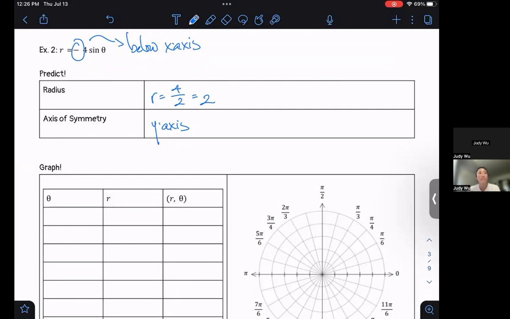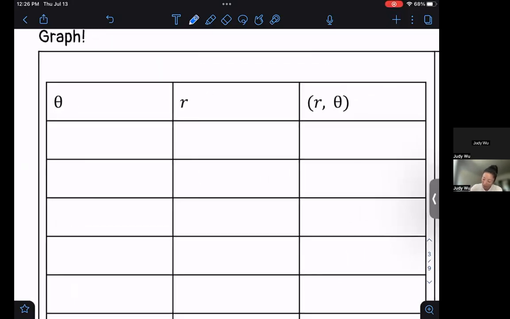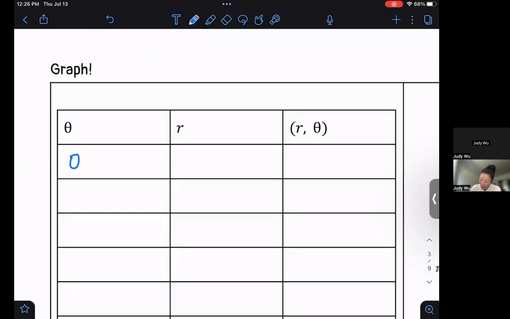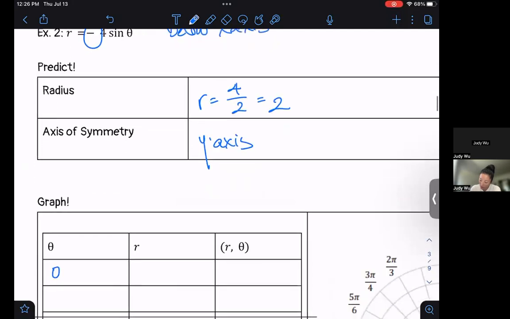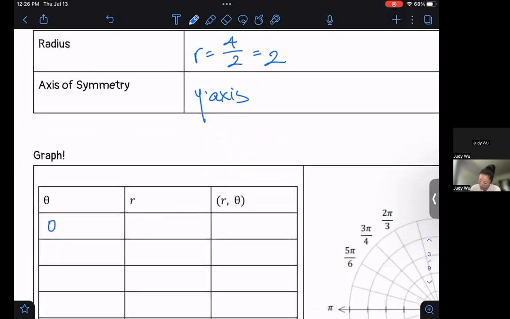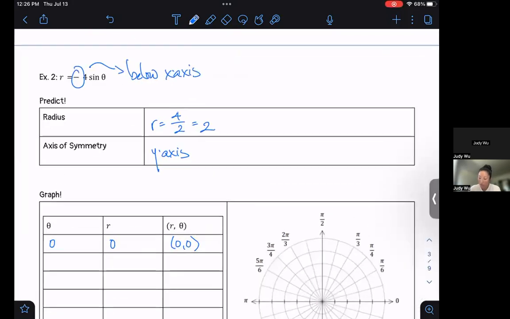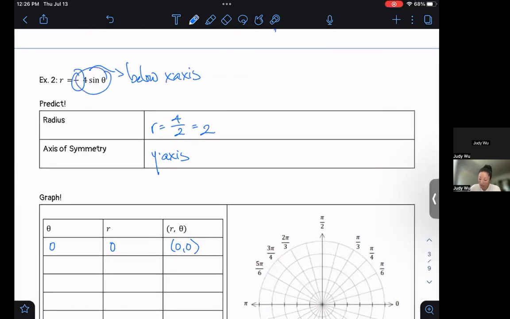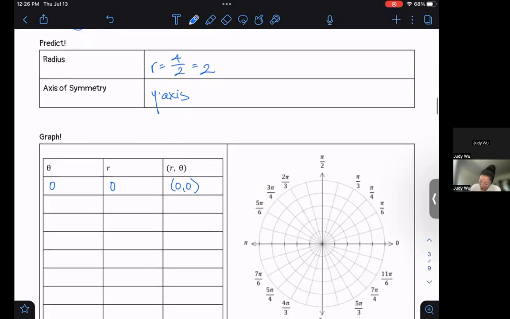But this time I'm going to suggest that we actually choose some nice values. Okay, so what I mean by that is if I put in 0 into the equation, -4 times sine of 0 is going to give me 0. But sine of 30 degrees or pi over 6 is 1/2. So I'm actually going to choose pi over 6.